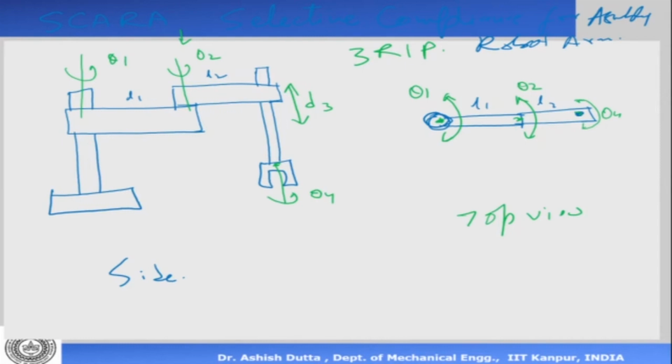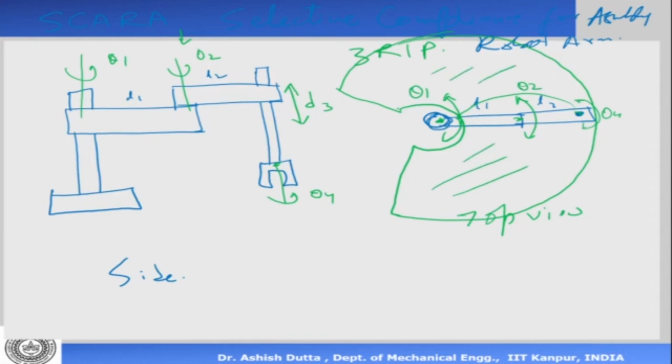So the work volume will be one outer shape like this, because it's a 2-link manipulator, and this will bend like this till here maybe, and there will be another cutout section like this. Okay, is it okay? So from the top view, this full area is the work area.